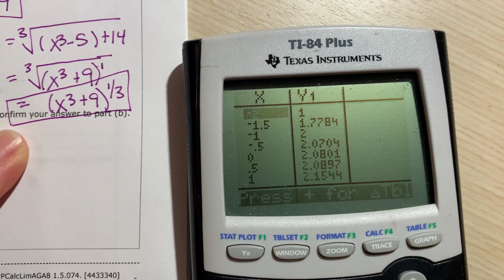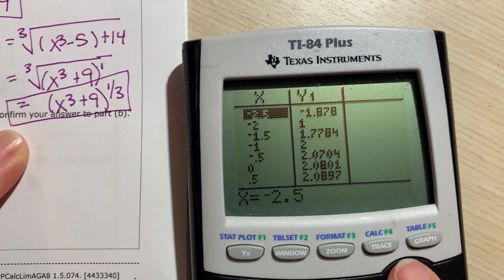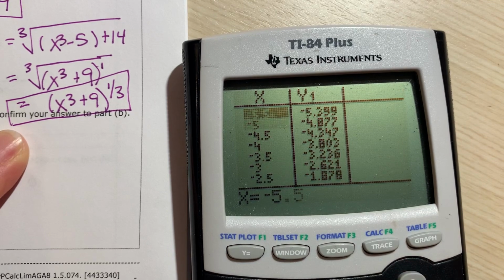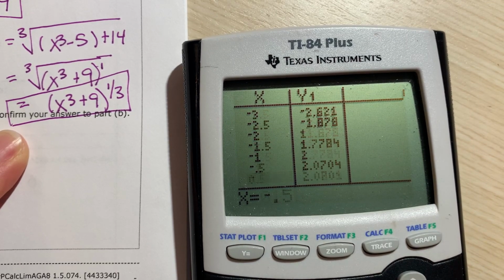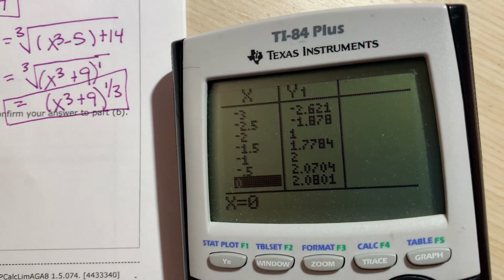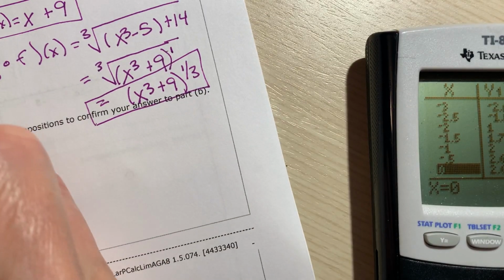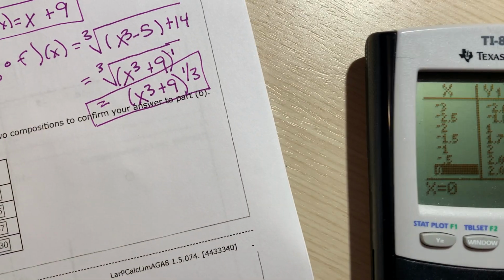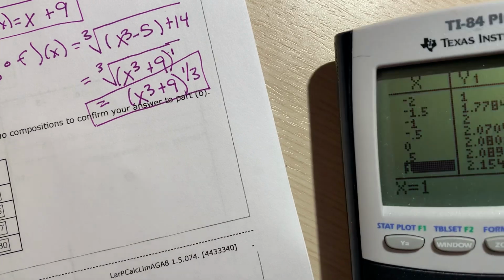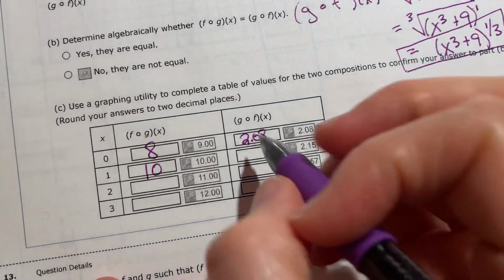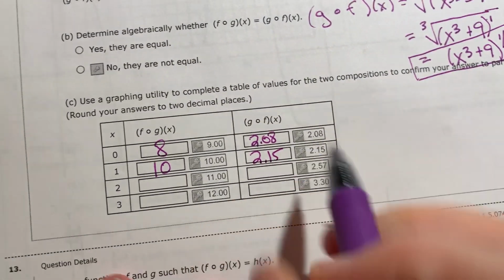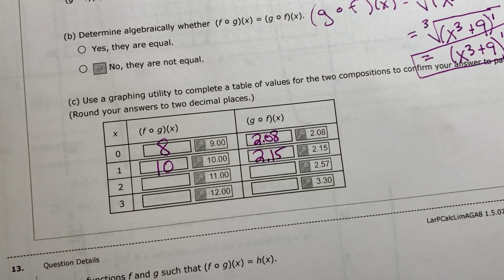And then second table. When x is 0, y is 2.08. When x is 1, y is 2.15. So you can see that they are not equal.